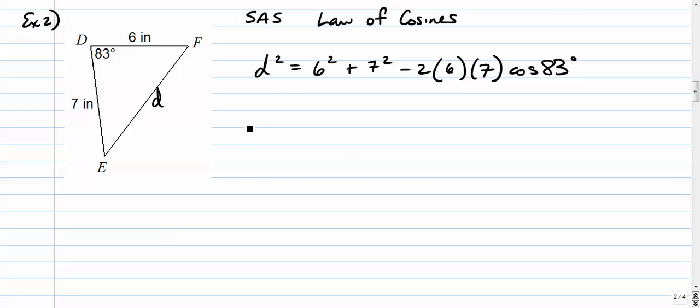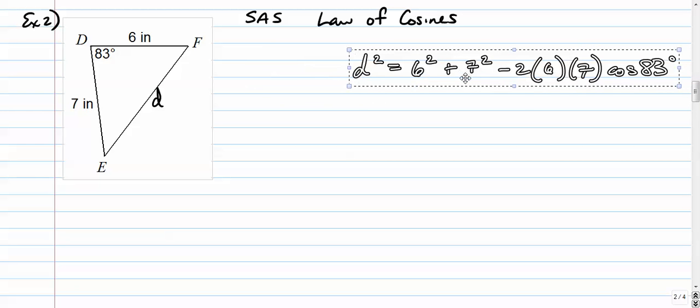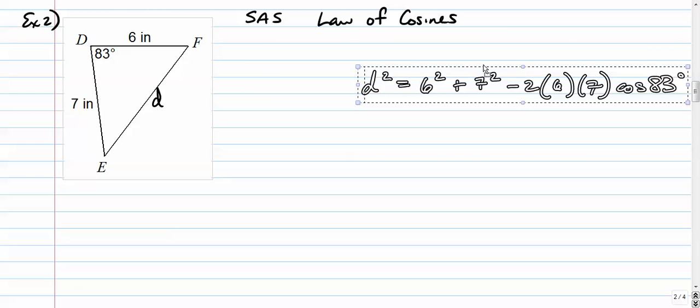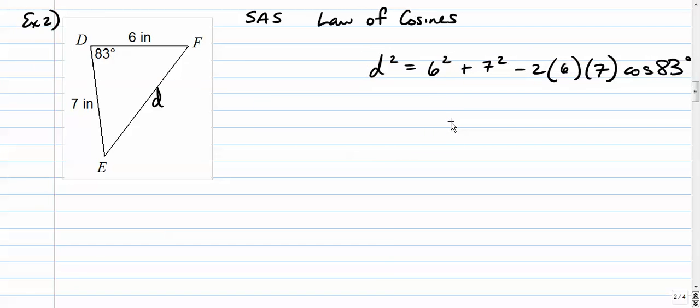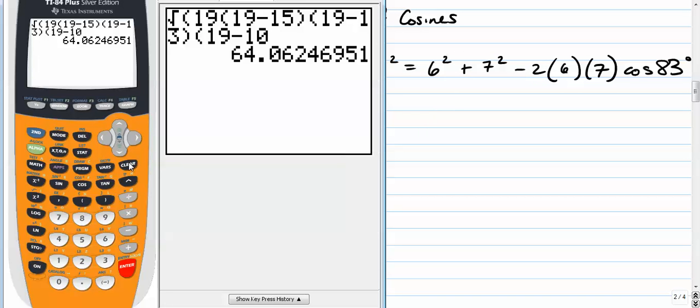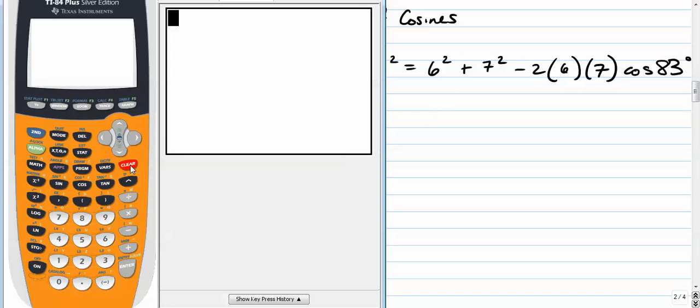Alright, so here we go. We're going to enter this whole thing into the calculator all at once and see what we get. We have d squared to start. So at the end I'm going to have to do the square root, so I'm going to do that first.